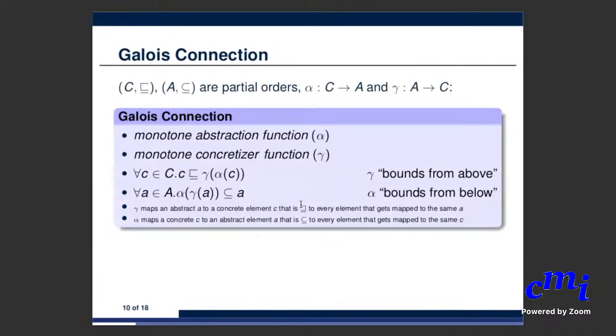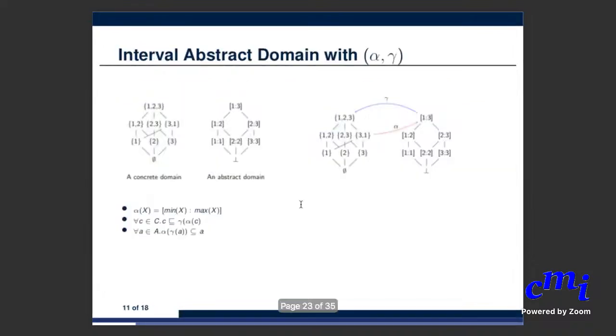Now such an alpha and gamma, where alpha is monotonic and gamma maps back to something which is bigger, is what is called a Galois connection. That is a very, very old concept, and it is very important.